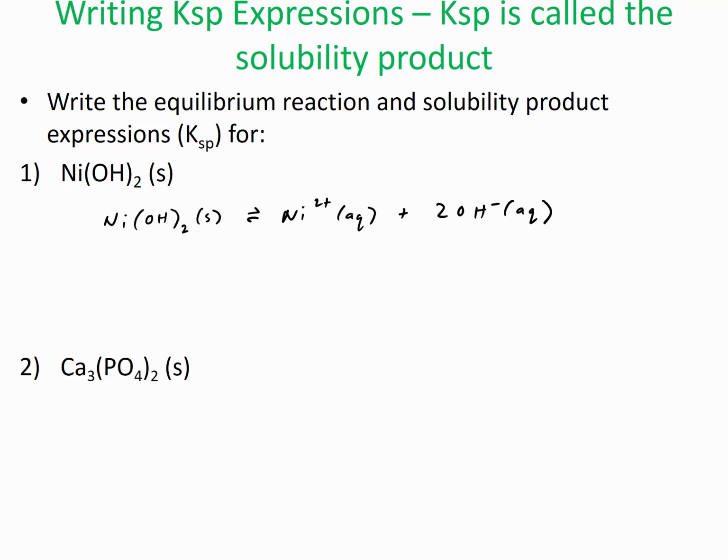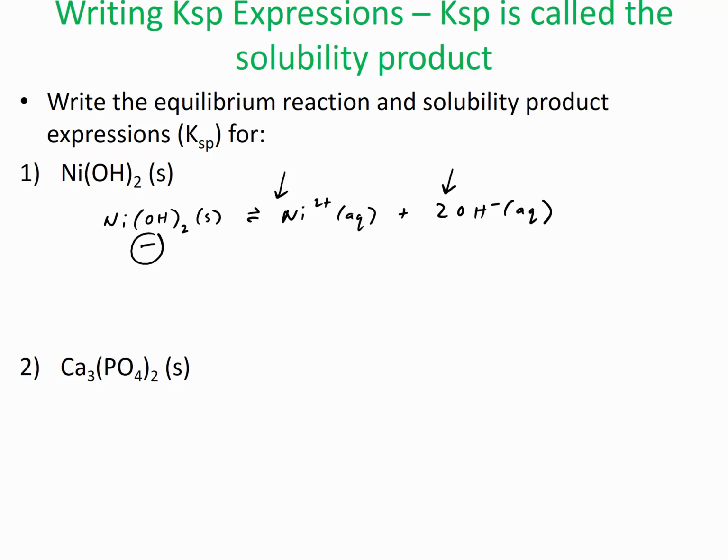So one thing that's majorly different is this is a solid. So this does not show up in our equilibrium expression. And the other thing that's different is when we worked with acids and bases, most of the time they were one-to-one relationships. You're going to see lots of crazy different numbers here because of the charges on all these metals and all the polyatomic ions.